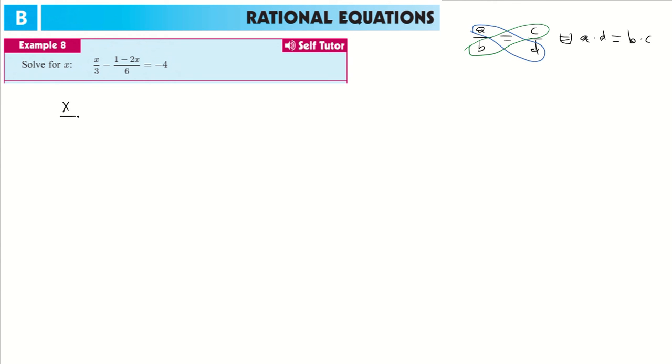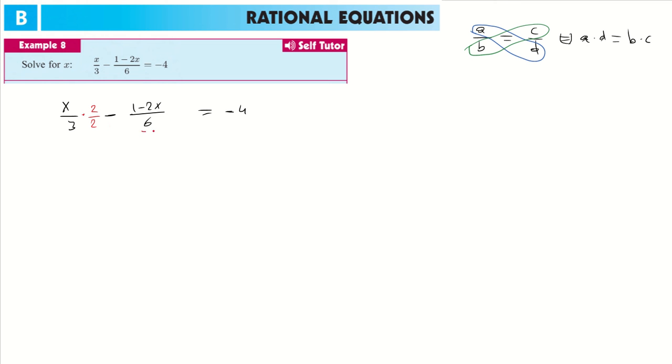So I have x/3 - (1 - 2x)/6, and that is equal to negative 4. The lowest common denominator that we can get is a 6, because I have a 6 here, I have a 3 here, and here I have basically nothing, so it's a 1. So here I multiply that by 2 and divide that by 2, so I get the same denominator.